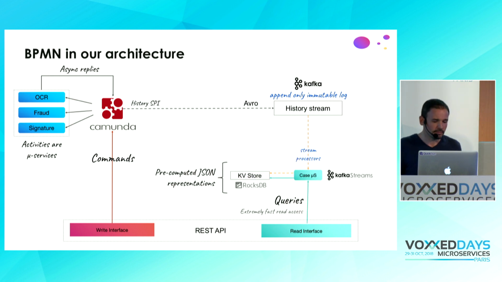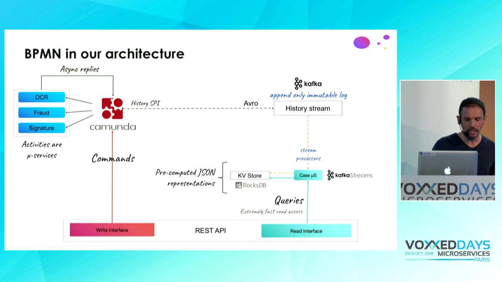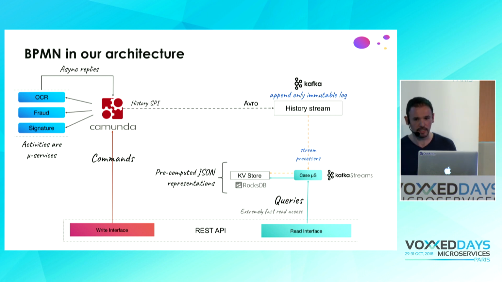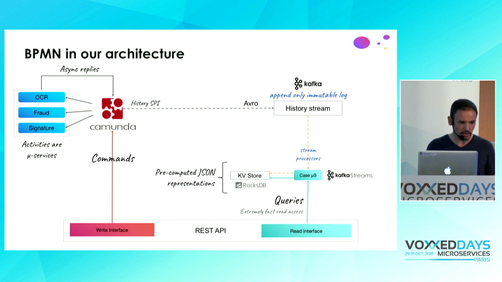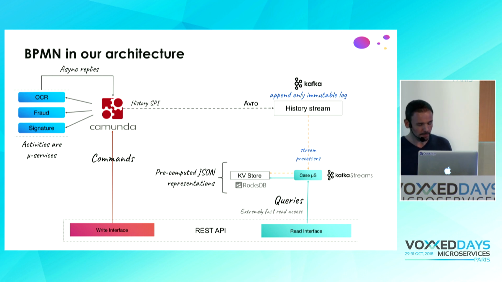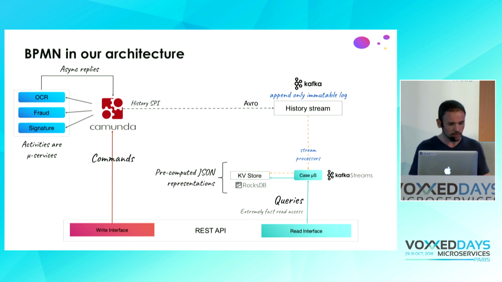We could use it for simple use cases like indexing it in Elasticsearch to do full text search, and actually that's what we do. But a more interesting use case is that we listen to this topic using a Kafka Streams processor in order to materialize JSON representations of the current state of our process instances.